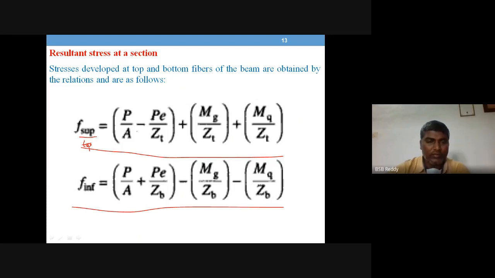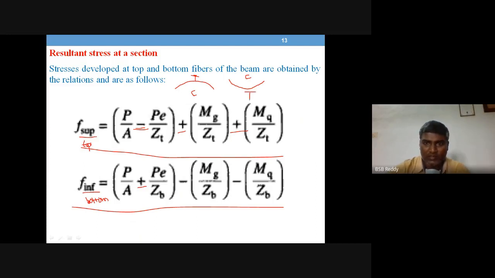So this is the stress at top, due to bending in pre-stress. It is tension due to pre-stress. That's why we use negative, tensile stress is negative. And due to live load and dead load, top compression, so we use plus. This is bottom. Bottom compression due to pre-stress, that is why plus.